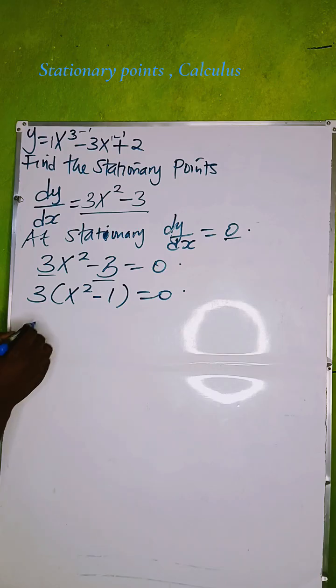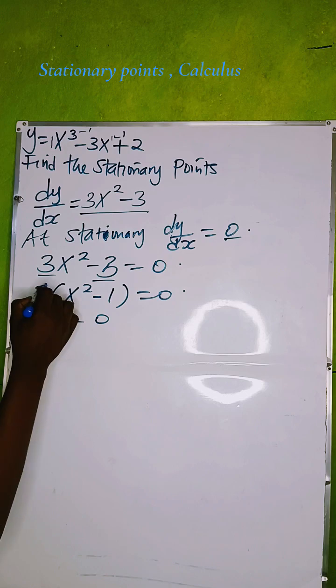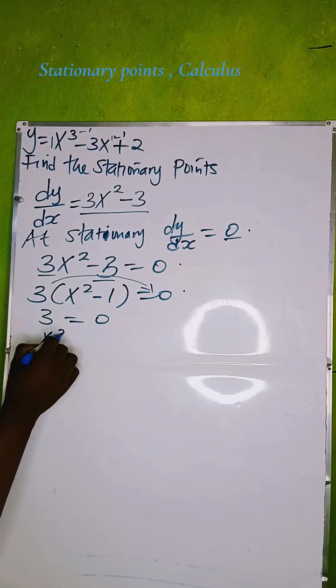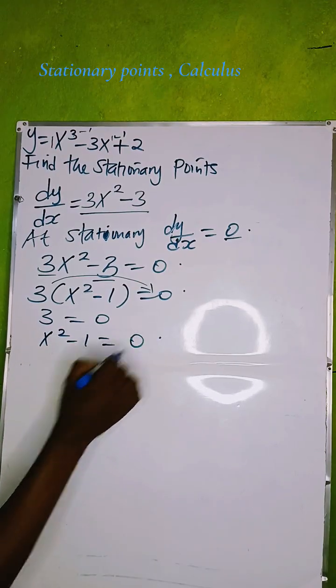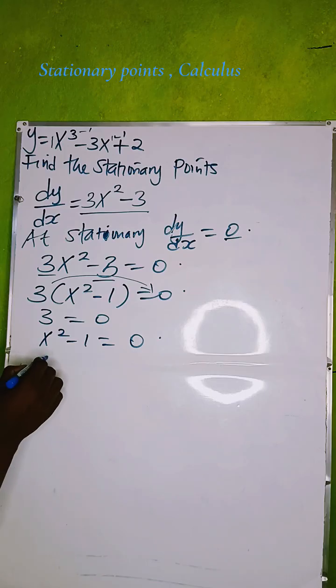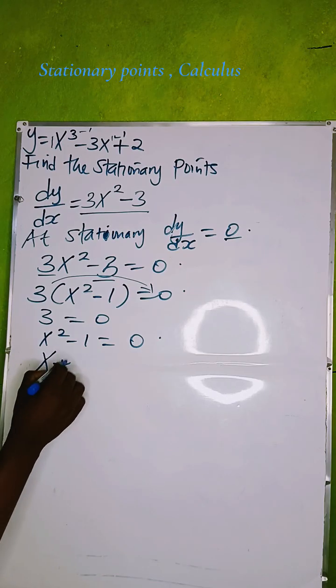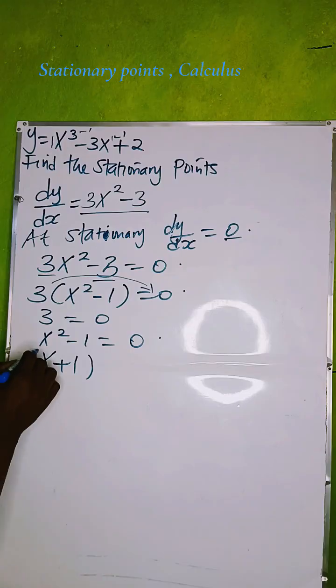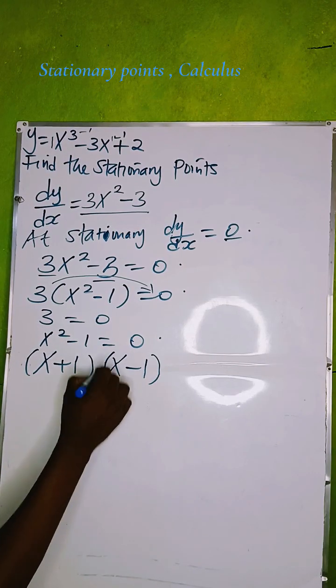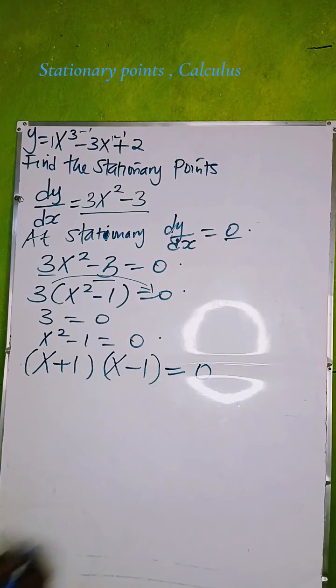But you can simplify x squared minus 1 and it will give us x plus 1 and x minus 1 equals 0 when you expand this.